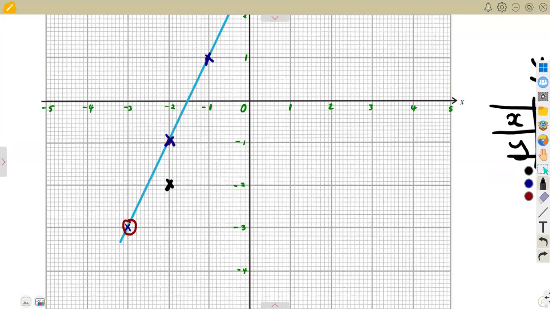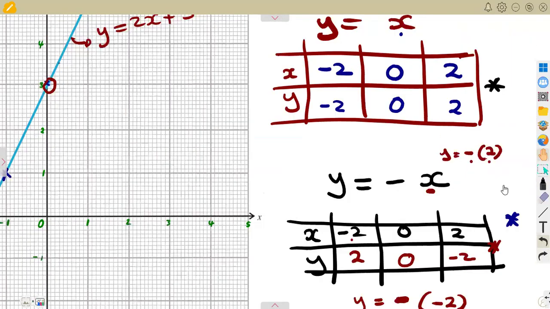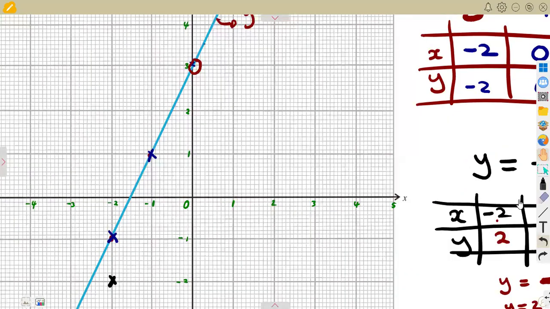The next value is 0 and 0. When x is 0, y is 0, at the origin. This is referred to as the origin, where the points are 0 and 0.